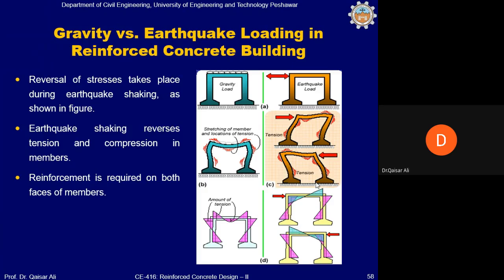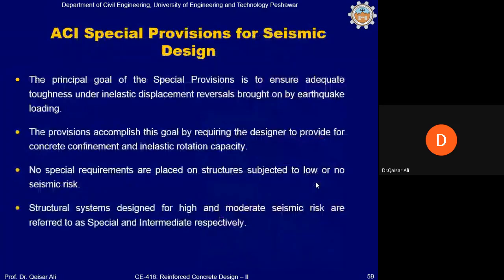Okay. So one of our major objectives in the design of reinforced concrete frames is to design its connections. Beam column connections shall be designed such that they are capable of resisting these additional seismic moments produced due to earthquake or lateral loading. Correct?